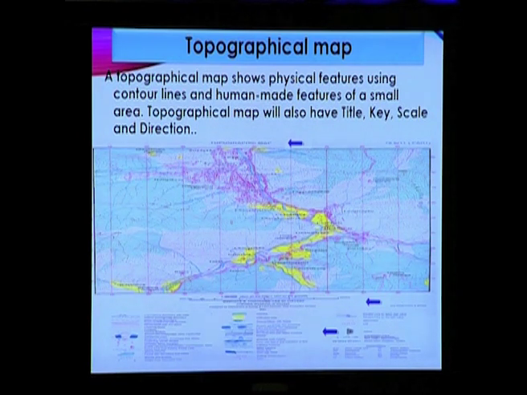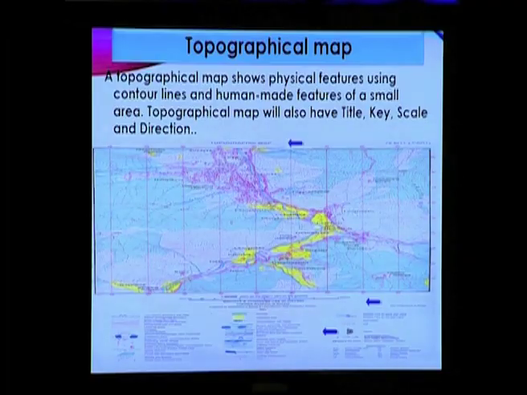And we have scale. The scale on the map is 2 centimeter on the map is equal to 1 kilometer on the ground. So if it is 2 centimeter on the map, it's going to be 1 kilometer on the ground.